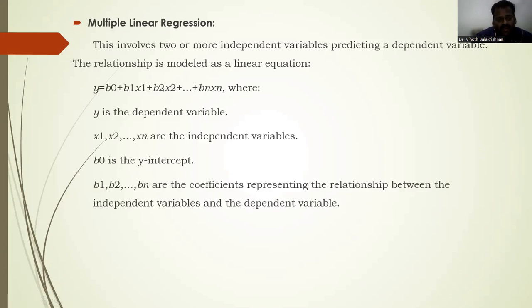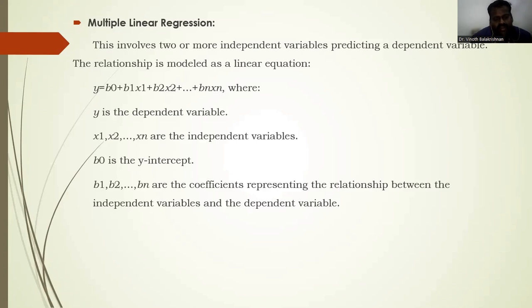In this model, we use two or more independent variables. This is the general model. We can use a bivariate, trivariate, or multivariate regression model, depending on how many variables we have collected.